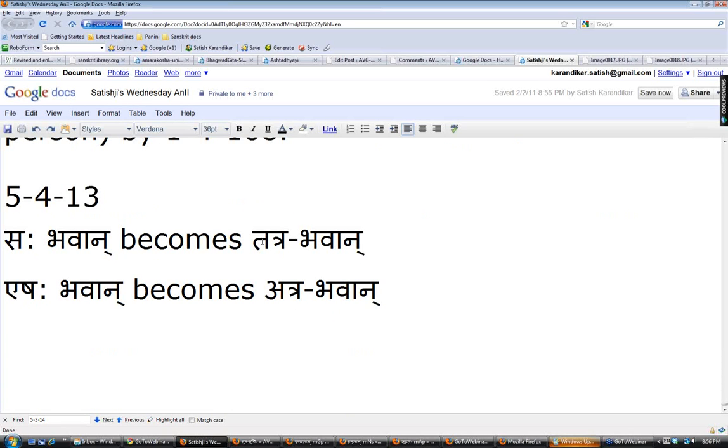This should be straightforward. For tatra, we are using chadadinamaha. The pradipadikam tad was used with chadadinamaha, which I think all of you know by now. Tad was used in the sense of, in this case, really a prathama. So tad plus su, not tad plus ni, tad plus su.